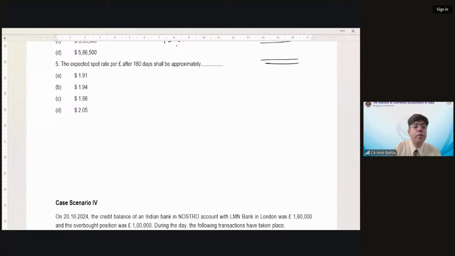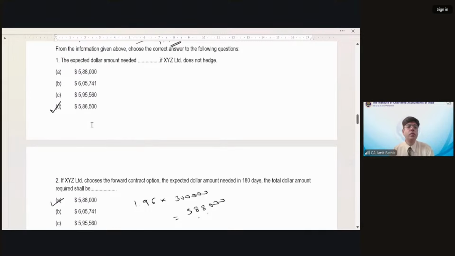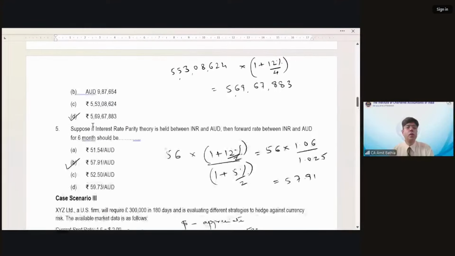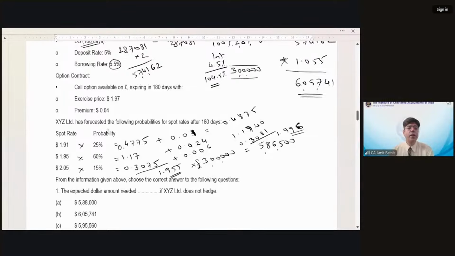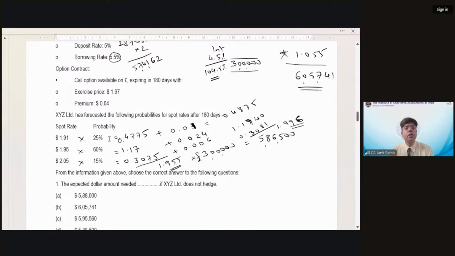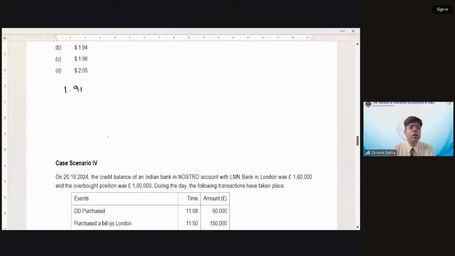So here it will be 1.91, 0.91, 1.95, 0.95, and the third price is 2.05, but this is limited by the exercise price, which is 1.97.